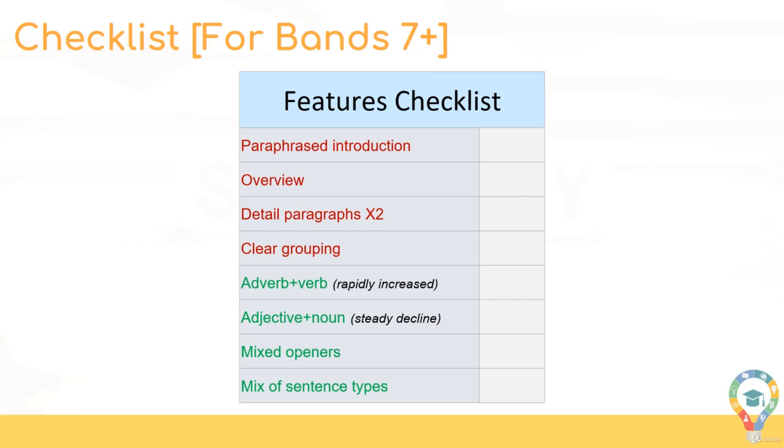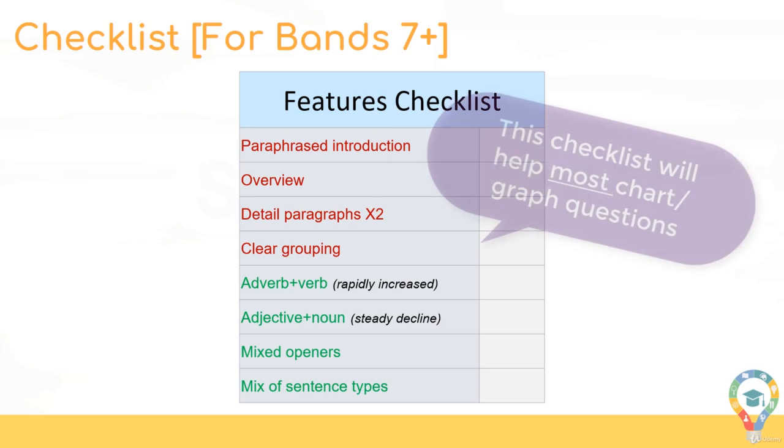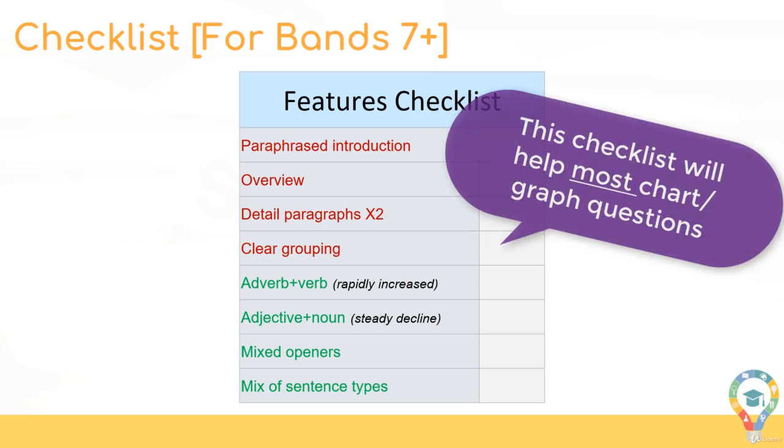At the top 4 features in red, we have our features for organisation, structure and answering the question. And below in green, we have features for vocabulary and grammar. I really do recommend trying to use this features checklist when you are practicing writing a report.